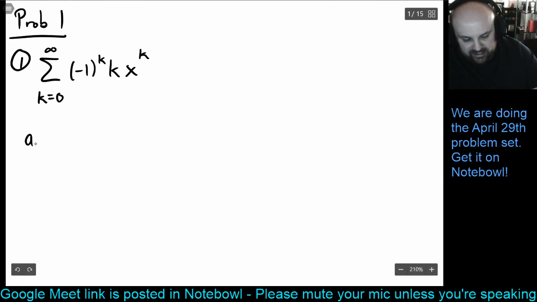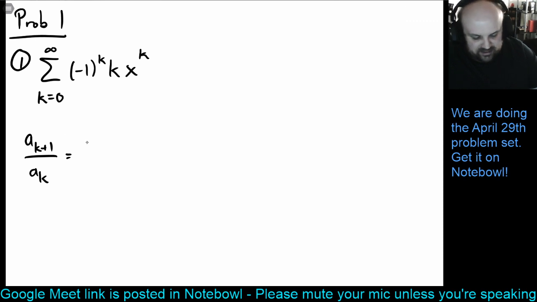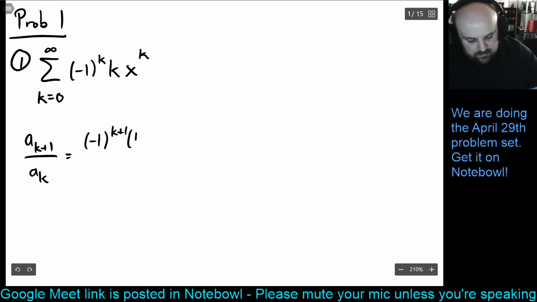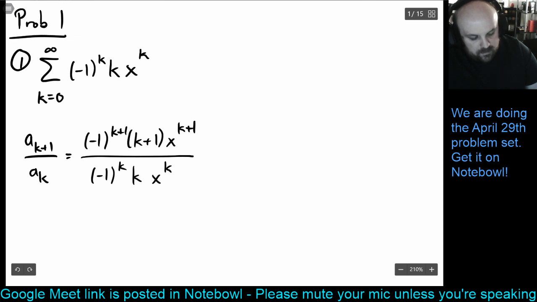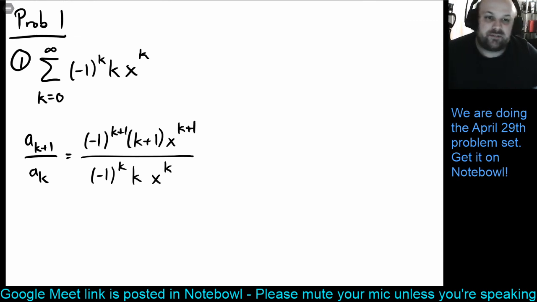So we need a_{k+1} over a_k. Now here, there's no fraction, so we can literally just write a_{k+1} up top and a_k on the bottom. Now once we do this, we just need to simplify what we can.